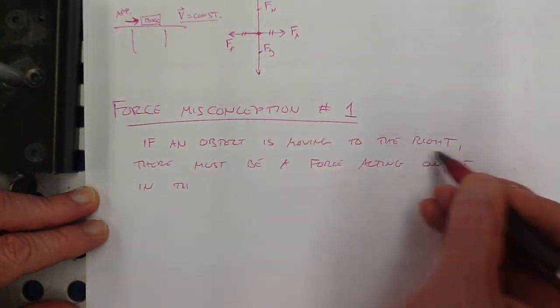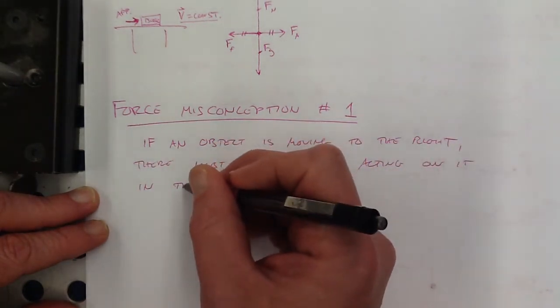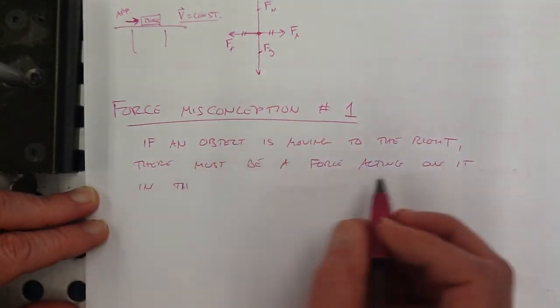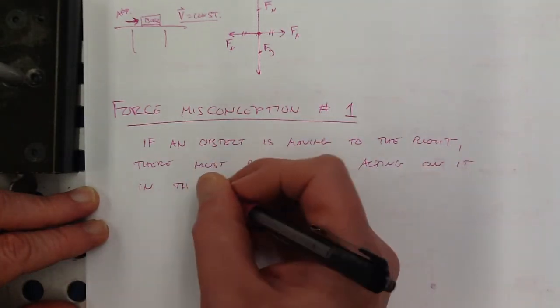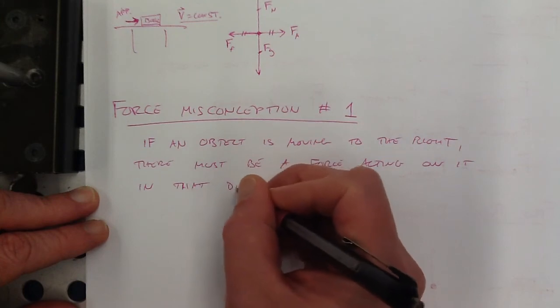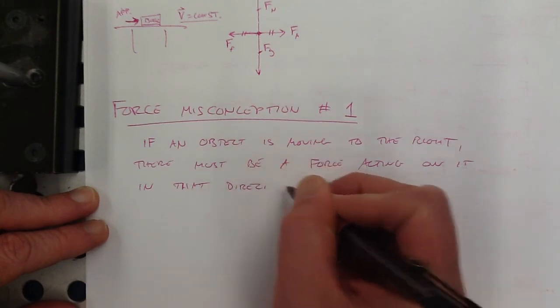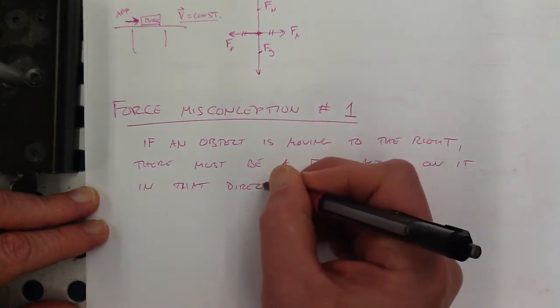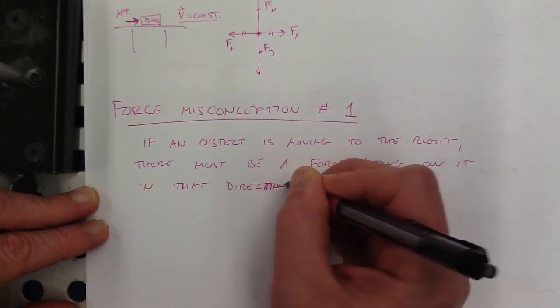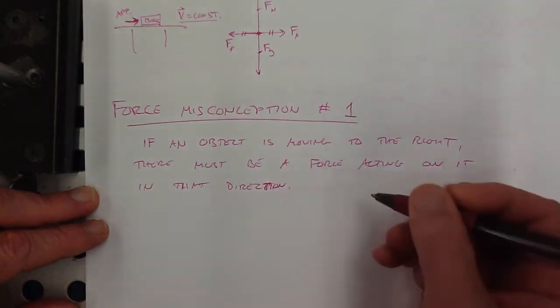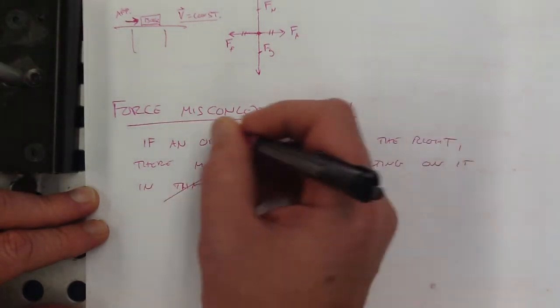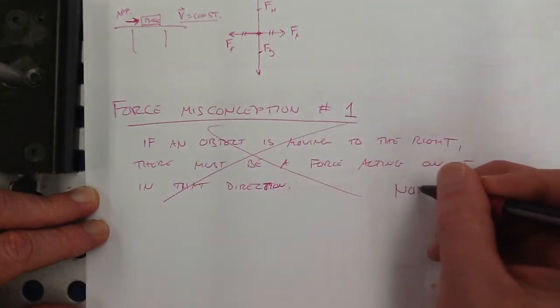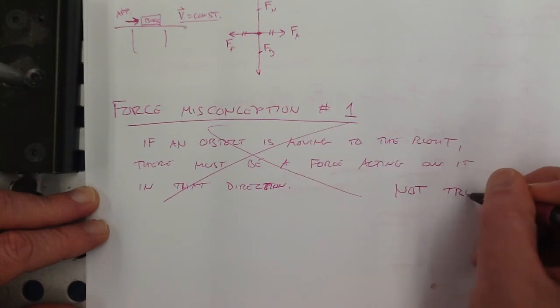Of course, you could substitute any direction you want for right, just using that as an example. There must be a force acting on it in that direction. Nope. Not true.